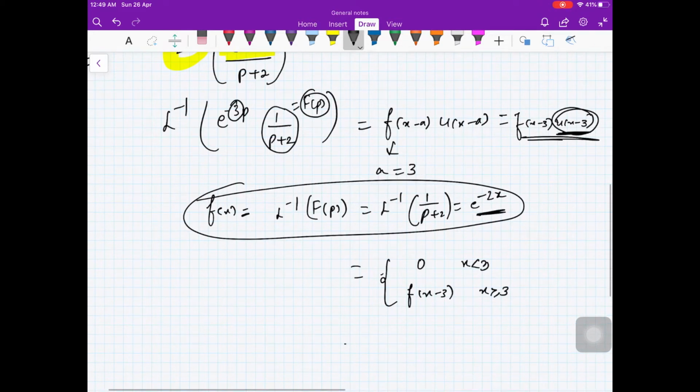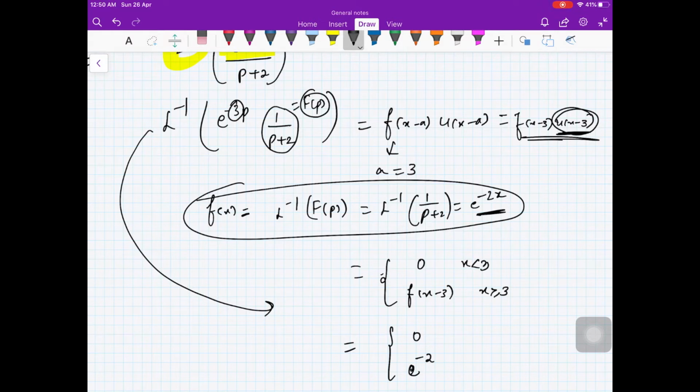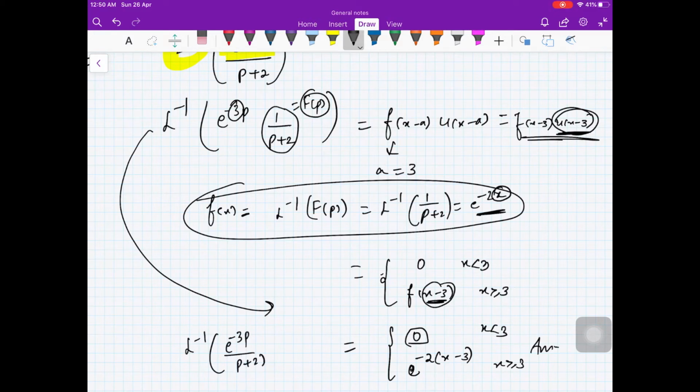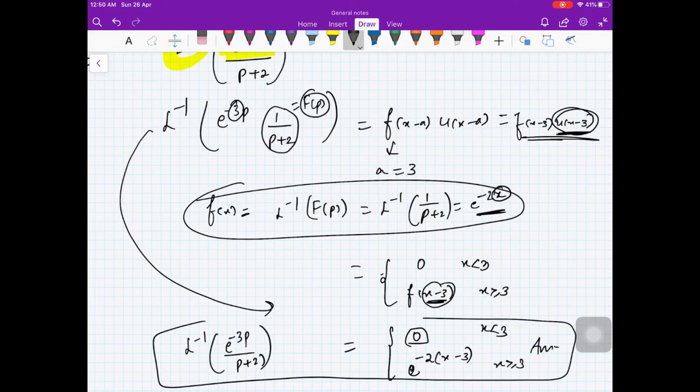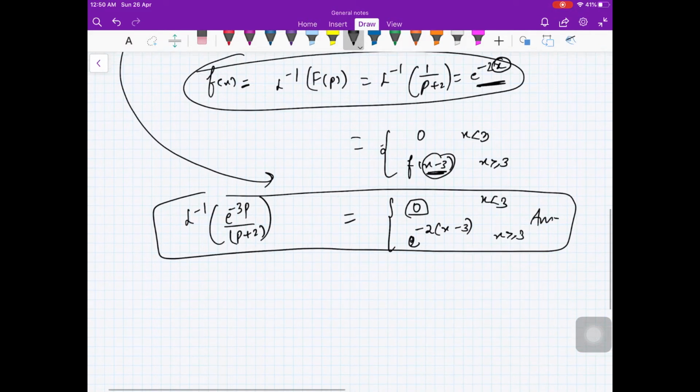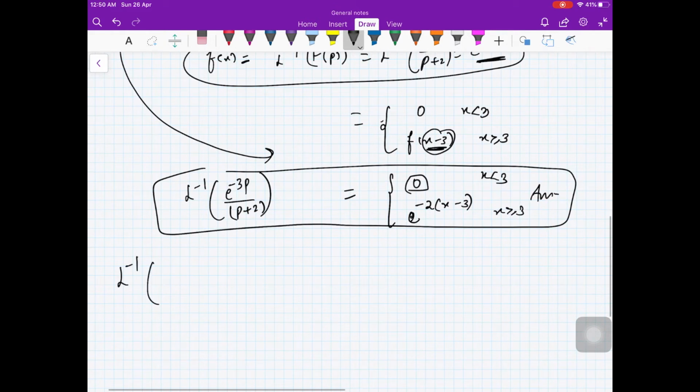So for x greater than or equal to 3 we get f of x minus 3, and f of x is e raised to minus 2x, so in place of x we write x minus 3, giving e raised to minus 2 into x minus 3 for x greater than or equal to 3, and 0 for x less than 3. This is your answer to Laplace inverse of e raised to minus 3p upon p plus 2. So you see how you can use the second shifting theorem for finding Laplace inverse. Let us do one more.